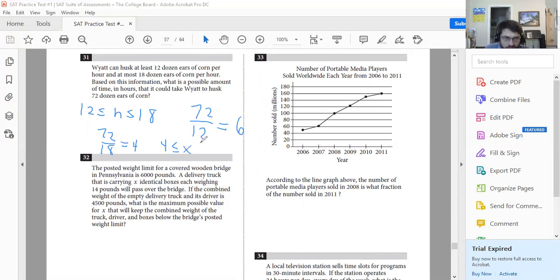Any number between 4 and 6 will be the number of hours it takes him to husk. So you could put 4, 5, or 6, or probably anything in between those as well. But let's not make it complicated.